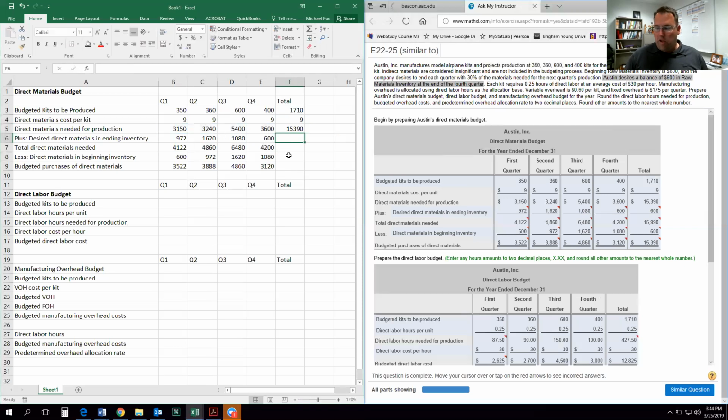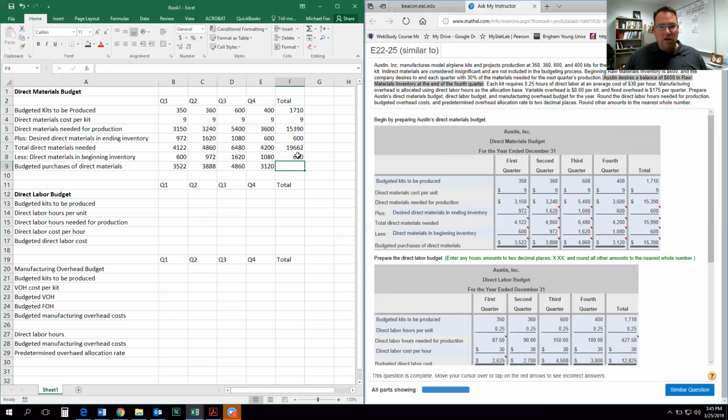If we have 600 at the end of quarter four, then our ending inventory at the end of the fourth quarter will be $600. Our direct materials needed, we will total up from each quarter. Direct materials in beginning inventory will be $600. That's the amount that's there at the beginning.